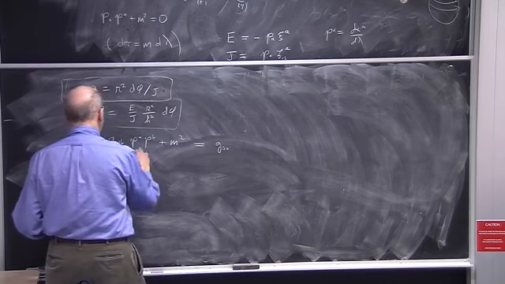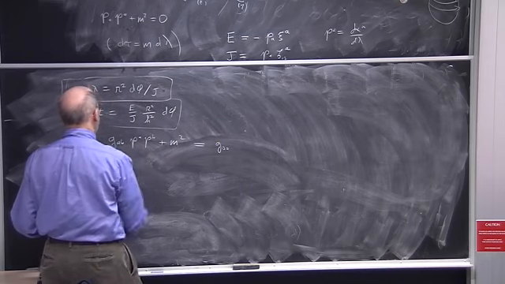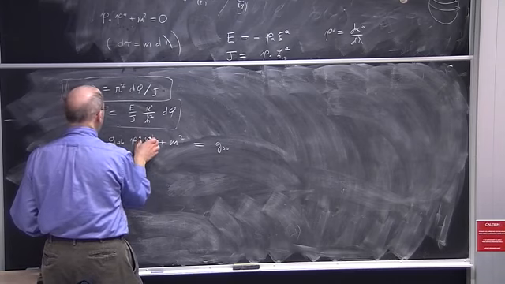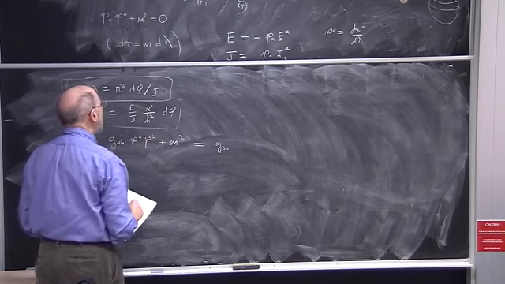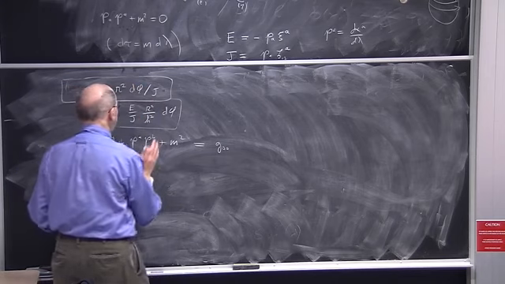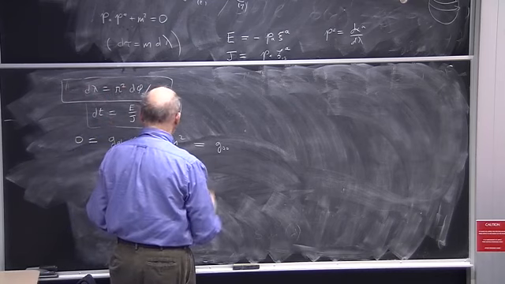The metric is diagonal, so there'll only be contributions from 0, 0, or TT if you like, RR, phi phi, and theta theta. But of course it's in the equatorial plane, so the velocity in the theta direction is 0.